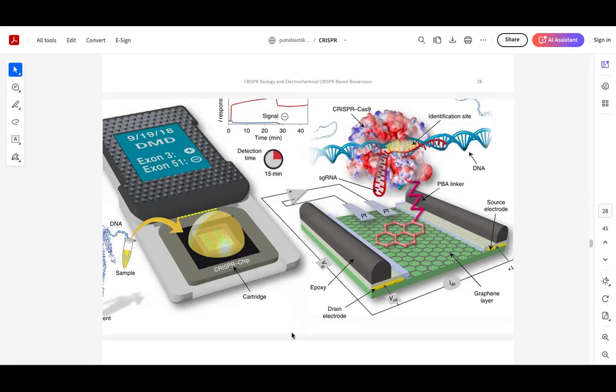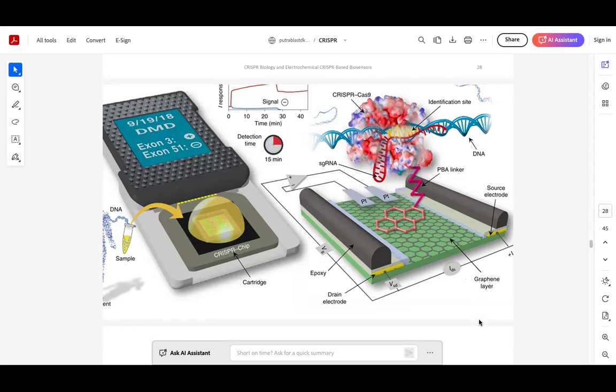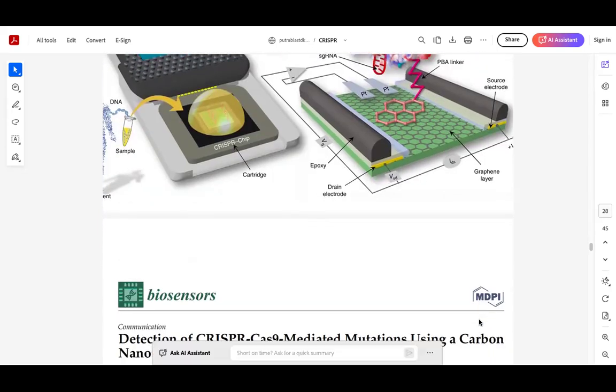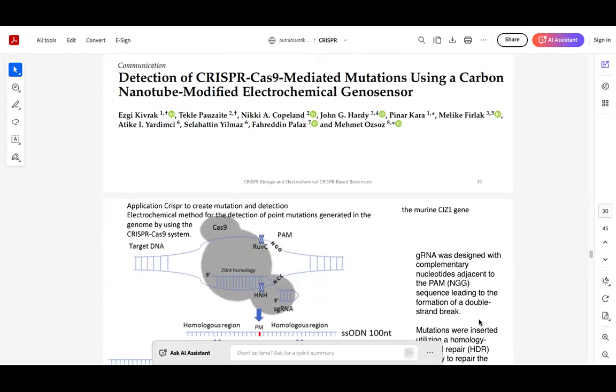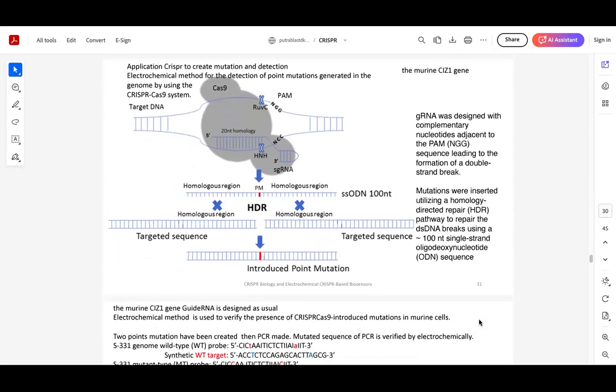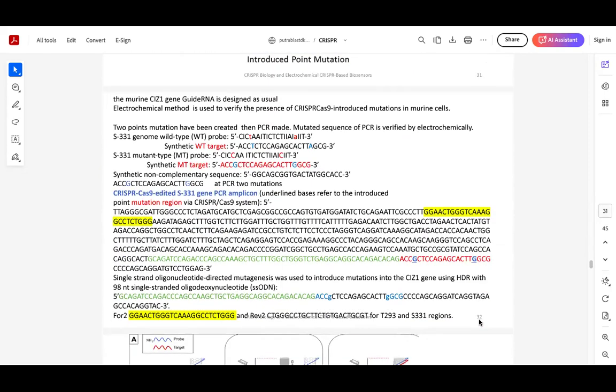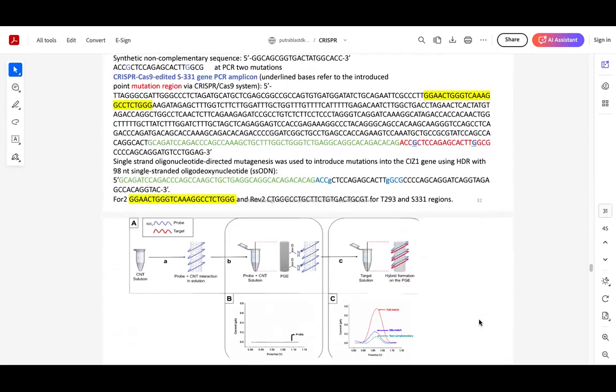So remember our basic understanding in a biosensor or chemical sensor. If you want to read more, there are a lot of papers on the development of biosensors using CRISPR.